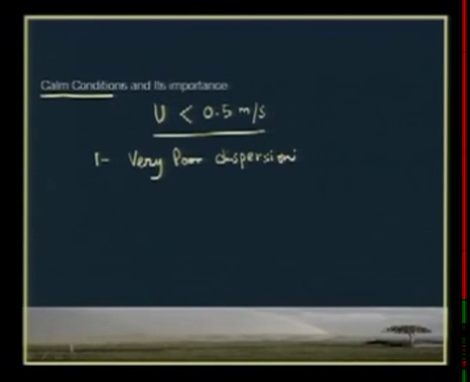If in a location where you live the wind is most of the time calm, most of the time 0.5 meters per second, then it means there is a likelihood or more chances of pollutants getting accumulated and concentrations going very, very high. So that is one thing it immediately tells us, that in areas where the calm conditions are more, we should try to avoid having large industries or most of the pollution sources.